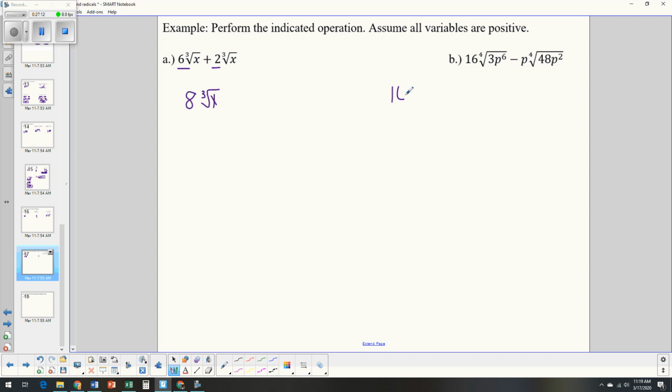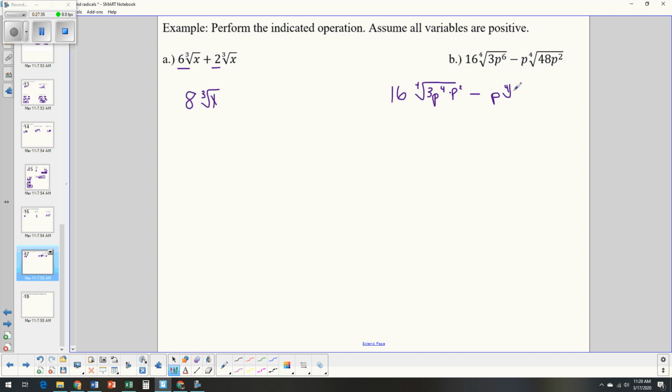So for this side, the 16 fourth root of, now this is 3. And if it helps you to do it like this, p to the 6th is really p to the 4th times p squared minus p, and then the 4th root of 48.